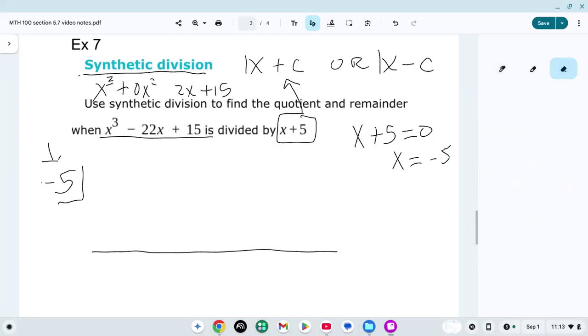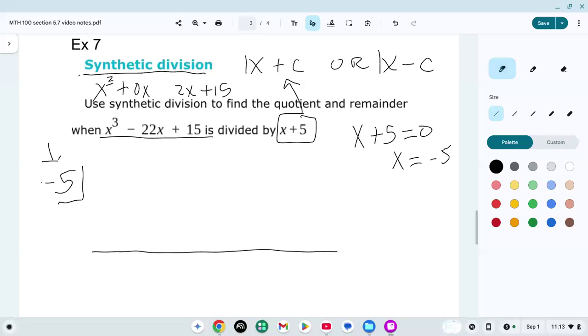Now, if I have an x to the third problem, I should have 4 terms. The original problem only had 3, so I had to figure out which term was missing, which was the x squared term, okay? Notice my exponents count down. Exponent of 3, then 2, then 1, and 15 on the end has no exponent.